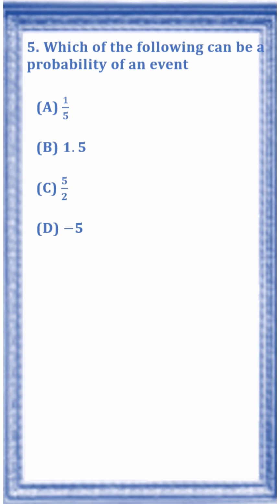Probability of an event must be greater than 0 and lesser than 1. Here only one option, that is A, 1 by 5, is greater than 0 and lesser than 1. So it is a probability of an event. So option A is correct.